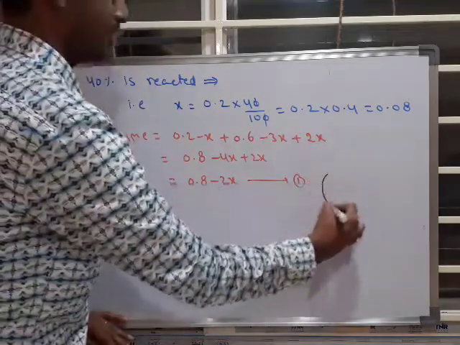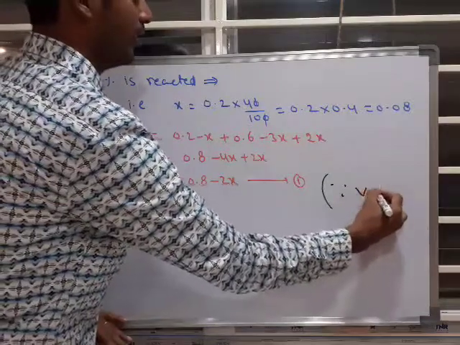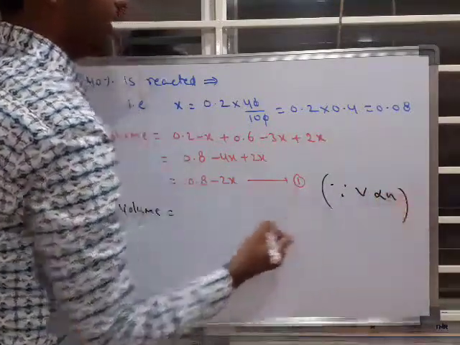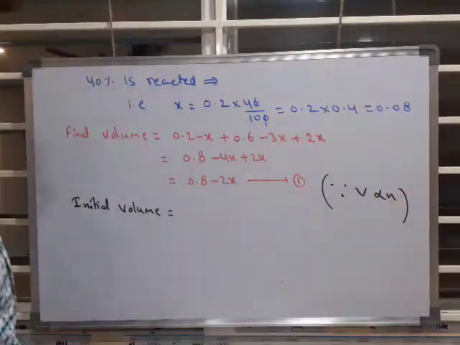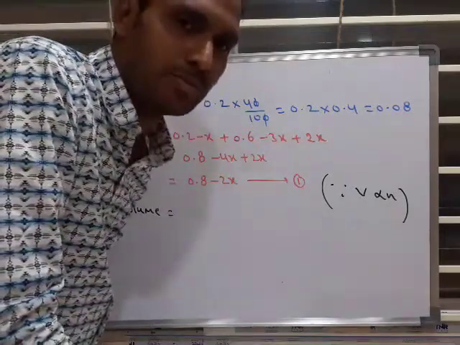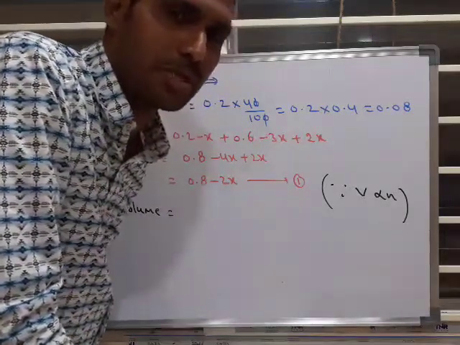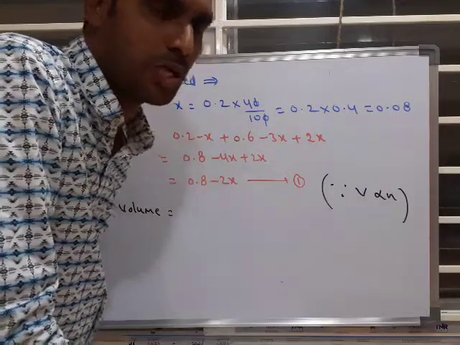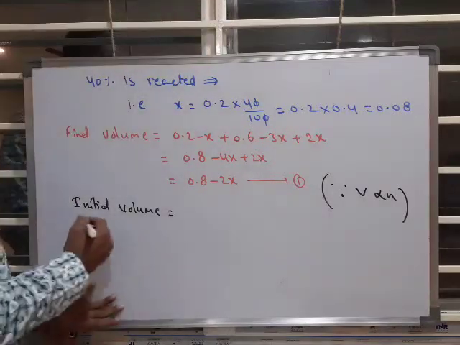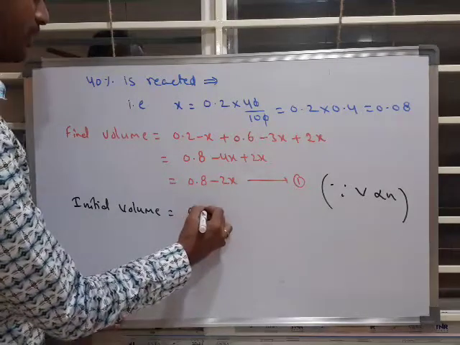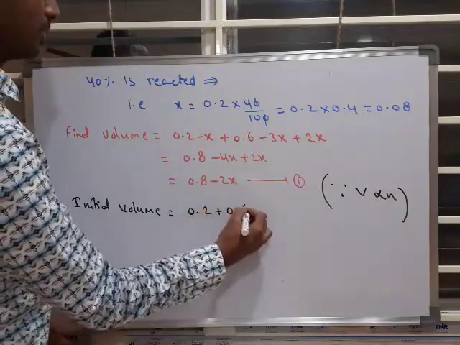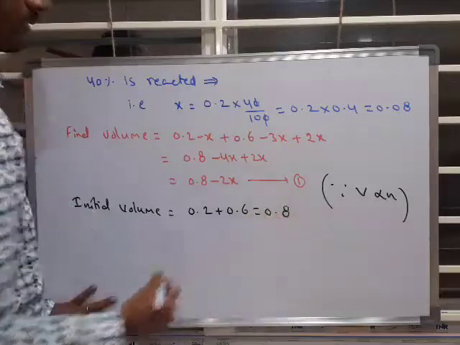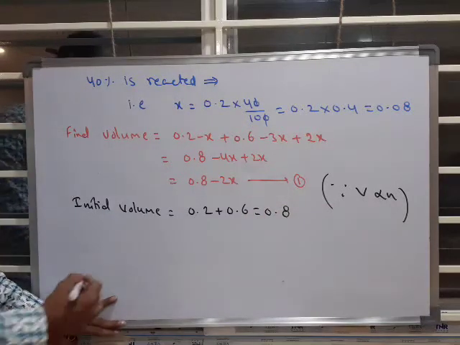Why am I taking moles? Since V is proportional to n, at constant temperature and pressure the volumes are directly proportional to the number of moles. It is according to Avogadro's law. So for the start, 0.2 plus 0.6 is 0.8.